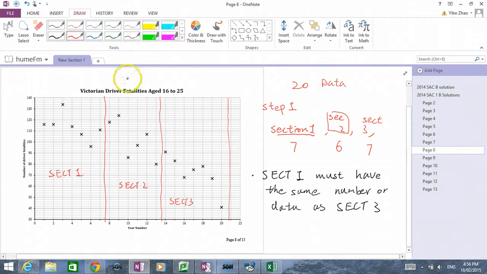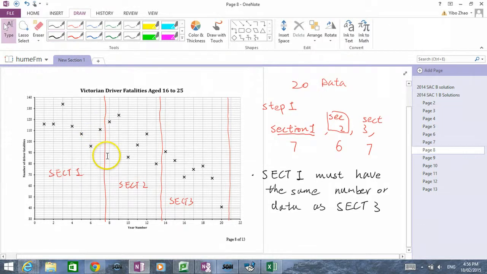But now the trick is, the values go up and down.